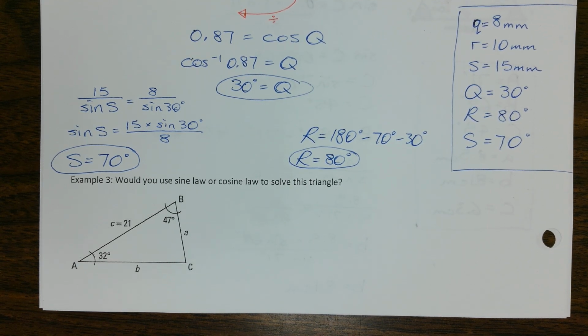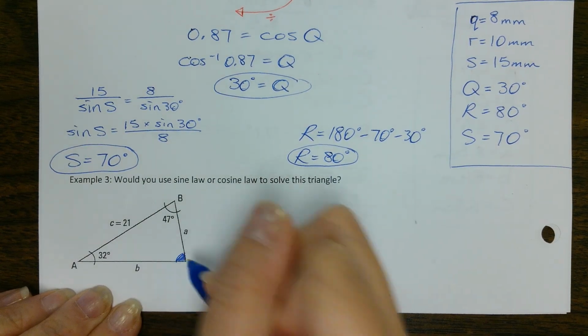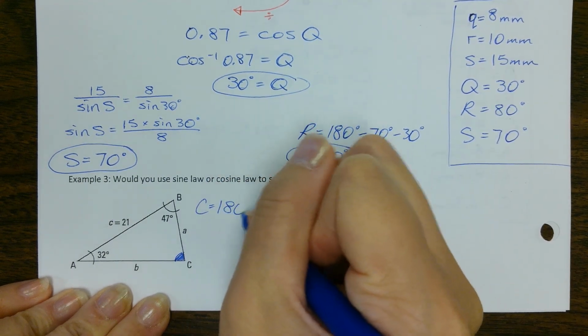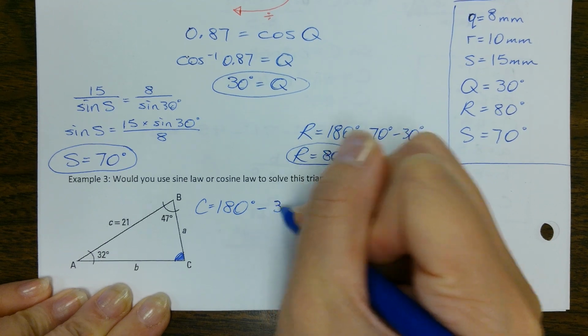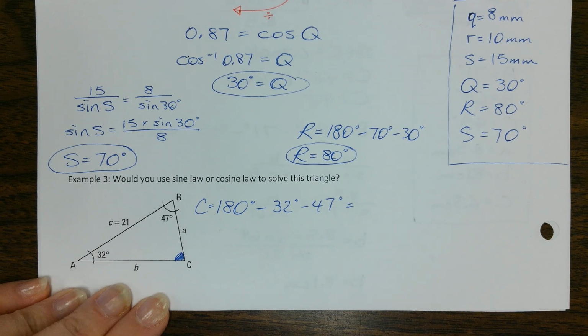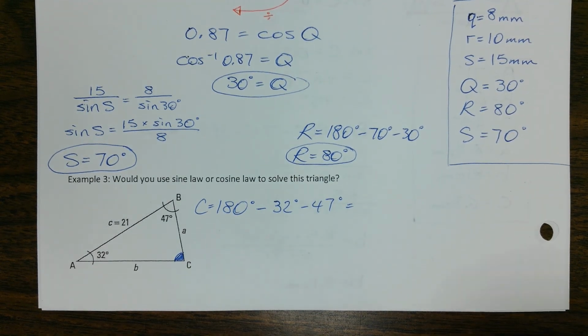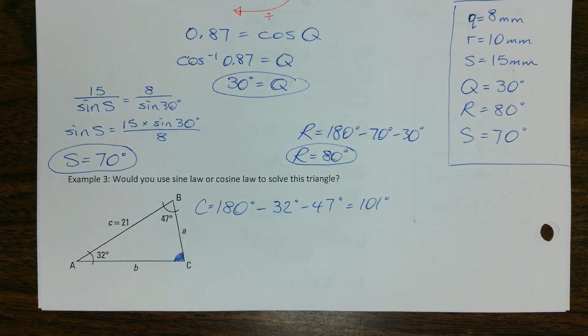Okay, those who say sine law. I thought we have to be given a pair. Aryan, you can just do the easy grade 5 math. Yes. Perfect, right? So even though I didn't tell you what C is, because we passed grade 5 math, we can figure out that C is 180 minus 32 minus 47, which is 101, even though it doesn't look like an obtuse angle.